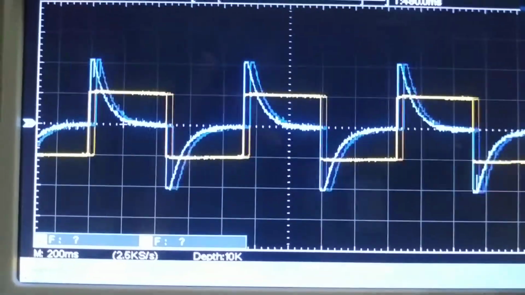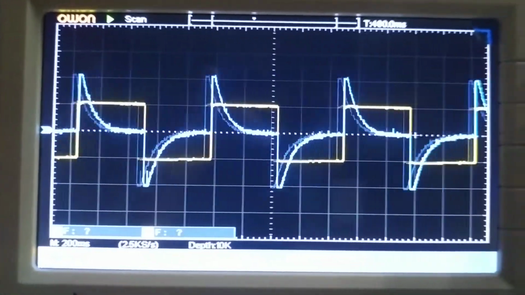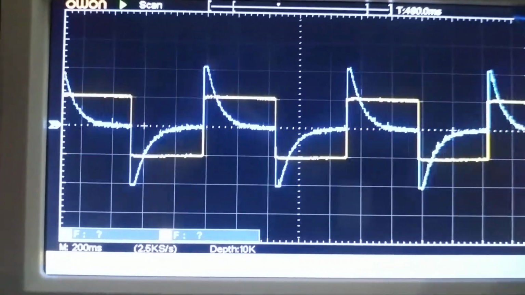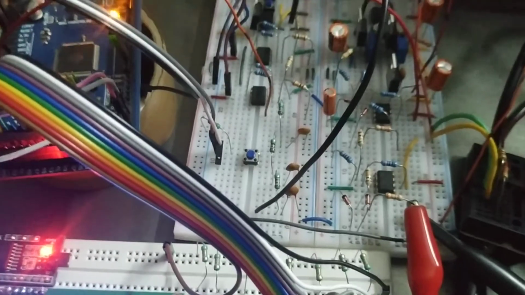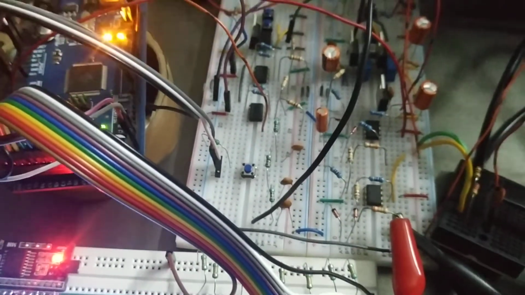Now we will check the controller in the closed loop mode. Now closing the circuit.